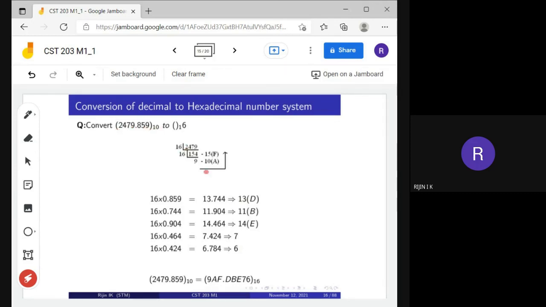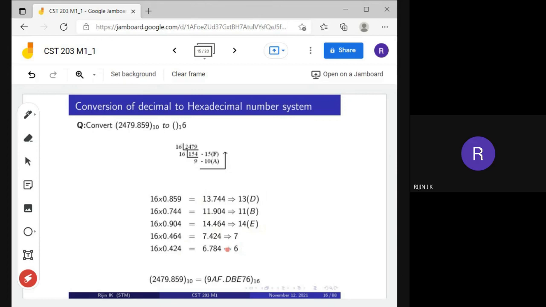2479.859. So this is the integer part corresponding to this 2479. Then for finding the fractional part, you need to perform repeated multiplication operation. After each multiplication, you need to take the integer part. Here it is 13, corresponding to D. Then here it is 11, corresponding to B. Here it is 14, corresponding to E. Then 7, it is 7 only. 6, it is 6 only.